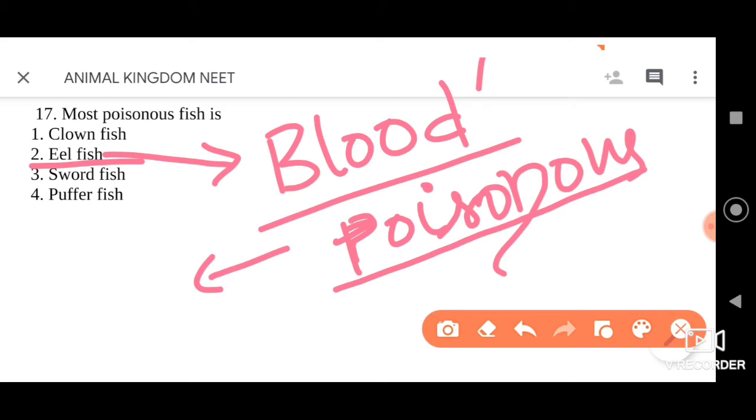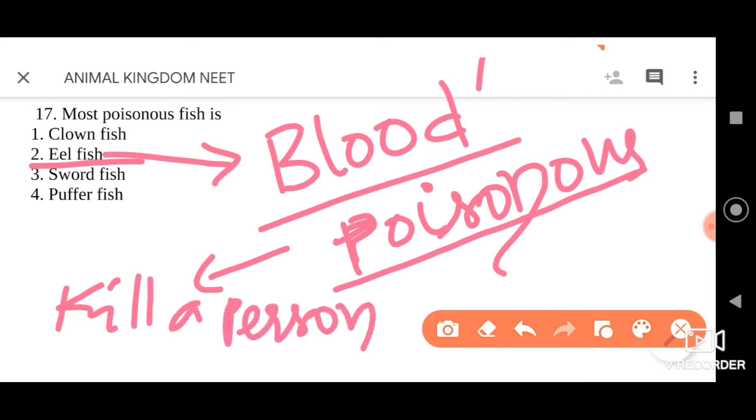It completely discourages them. So a small amount of eel blood can definitely kill a person. Now you can say it is also deadly, but not as deadly as tetrodotoxin of puffer fish. So this option cannot be considered.